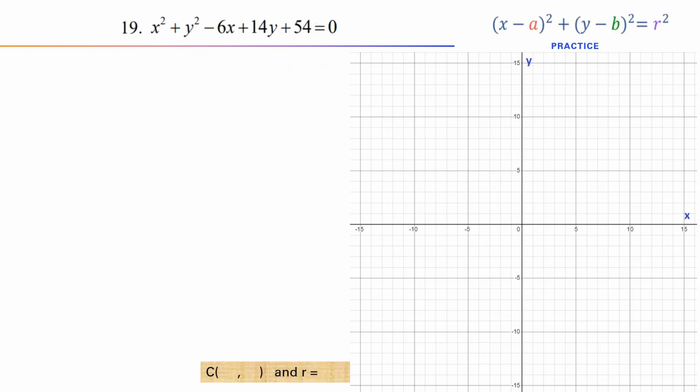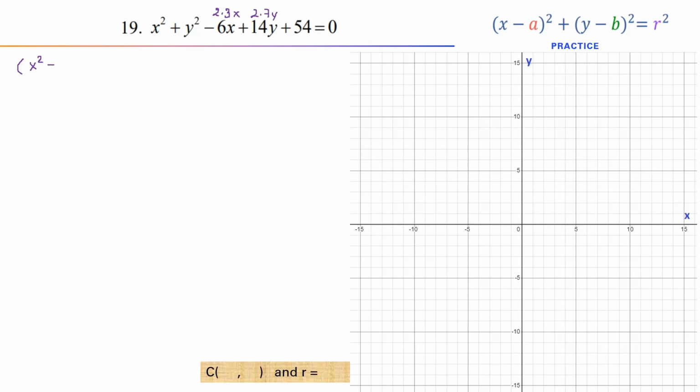Okay, number 19. We group the x squared. Remember the 6x will be 2 times 3 times x. 14y will be 2 times 7 times y.